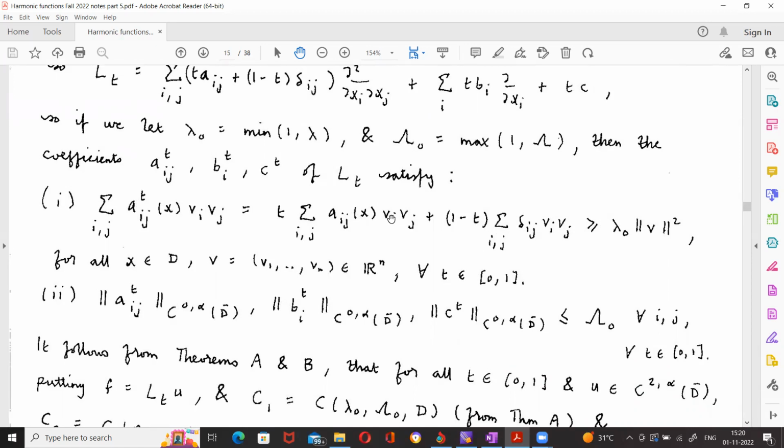And since lambda naught is the minimum of 1 and lambda, this will be greater than or equal to lambda naught norm V squared, right? Yes, sir. Okay. So we've got that these Lt's are uniformly elliptic for all t with the same constant lambda naught here.